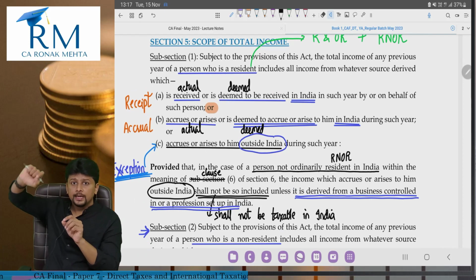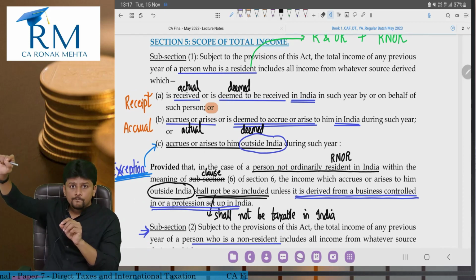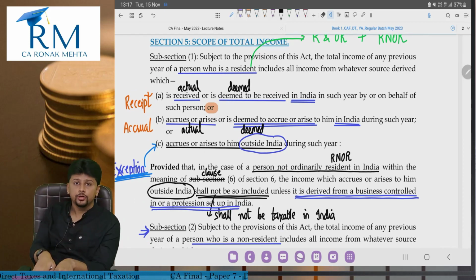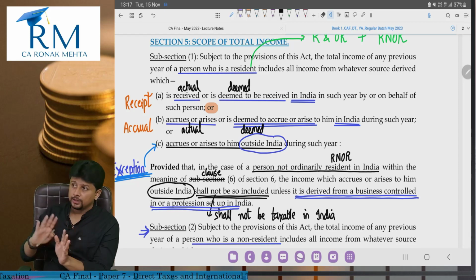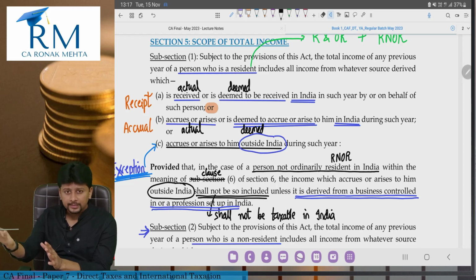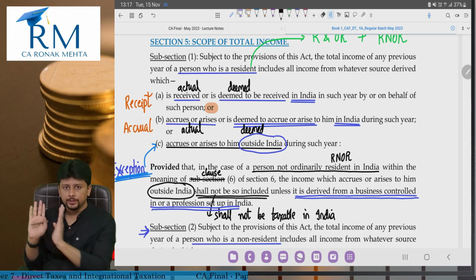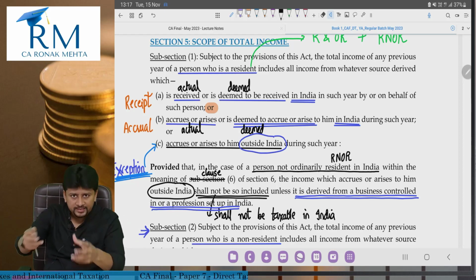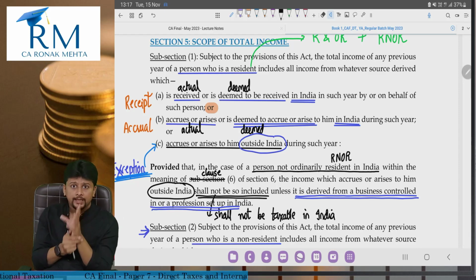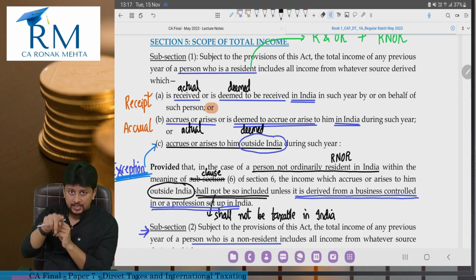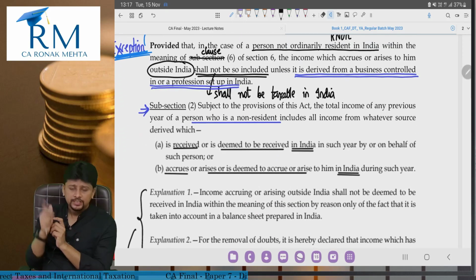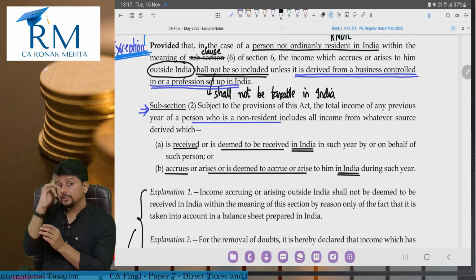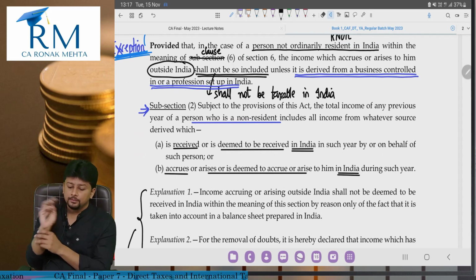Income accruing outside India was taxable for you in India if you are a resident. And if you are a resident but not ordinarily resident, only in one case it is taxable. So I'm not getting into it once again. But what I am saying is A and B of subsection 1 are the same in subsection 2 also. But in subsection 1, point C is there. In subsection 2, point C is not there.